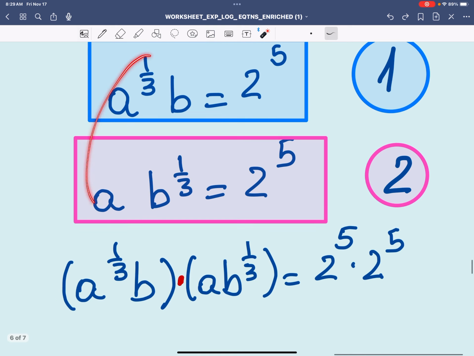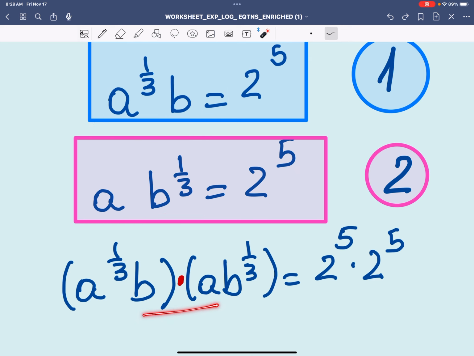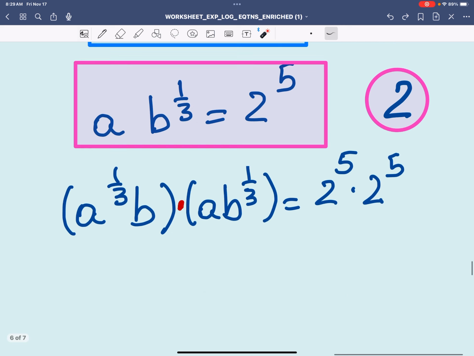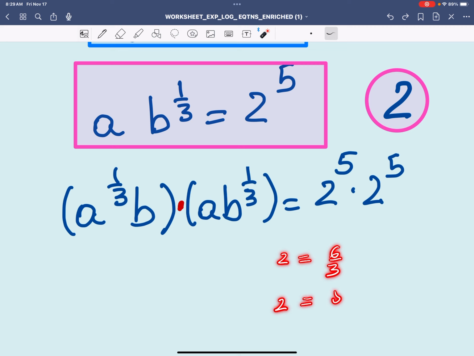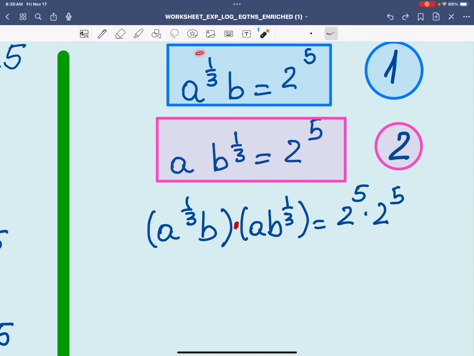So we're multiplying the left sides together and the right sides together to form an equivalent equation. It is very similar to saying if number 2 equals 6 over 3 and number 2 is 8 over 4, if you multiply 2 by 2, that would be the same as 6 over 3 times 8 over 4. It is as simple as that, right? So when we multiply two equations, we multiply the left sides together and the right sides together.